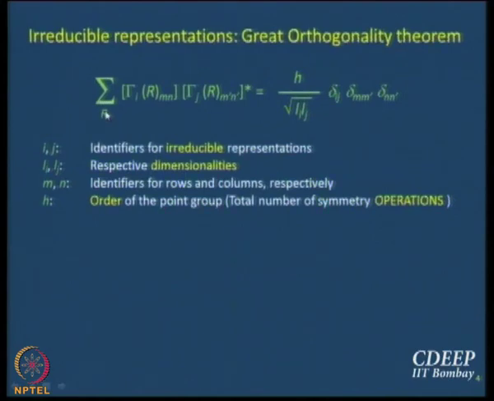Sum over R gamma I R mn, right, because there is no Kronecker delta, mn, then you cannot write j anymore, you have to write I, gamma I R, then what do you write again? Mn, star of that if it is a complex quantity, right.